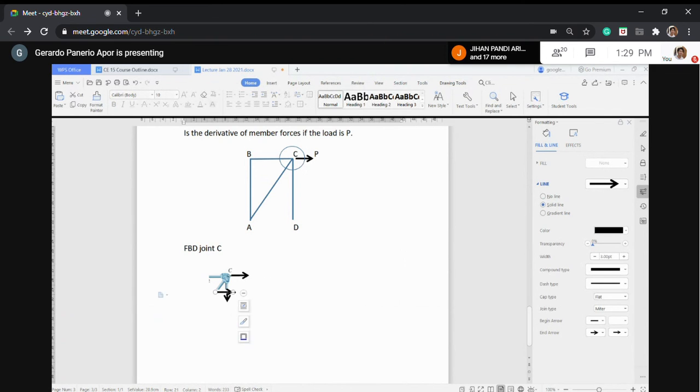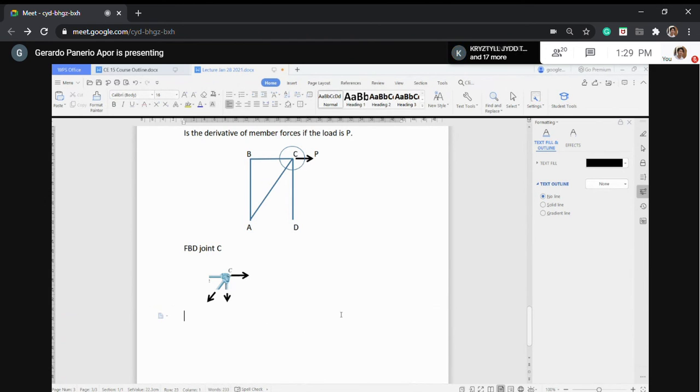Okay. So, this is, we just call this as if this is P, if that is P, this is what we call N, small letter N EC, and then this one is small letter N CD.